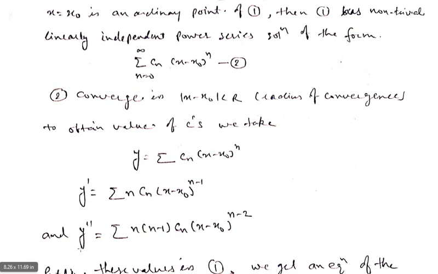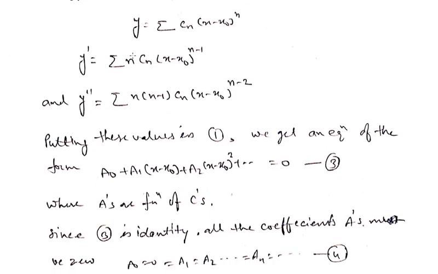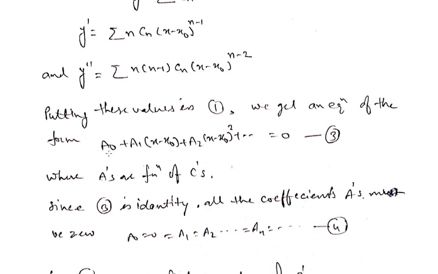Now you put the values of y prime and y double prime in the given equation. Hence the resultant equation can be written as a naught plus a1 (x minus x naught) plus a2 (x minus x naught) whole square plus so on, where a naught, a1, a2 are some functions of c naught, c1, c2, and there is some relation between the a's and c's. So this is an identity, and we equate the coefficients of different powers of x to 0.